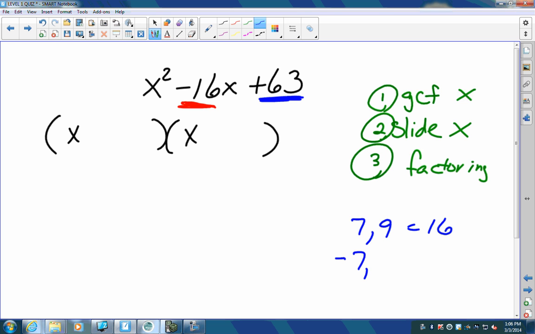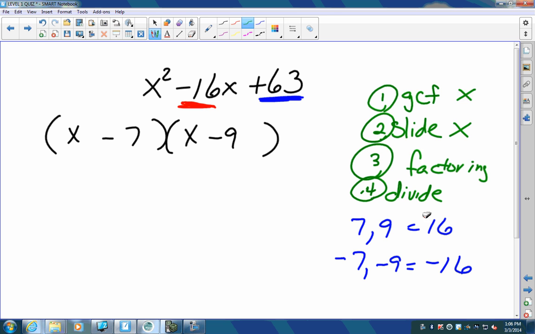Negative, so it's going to be negative 7 and negative 9, because when you add that together, it's negative 16. So now I'm going to have minus 7 and minus 9. Now, step 4 was to divide, but the only reason you divide is if you slide. Did we slide? Nope. So this is my final answer.